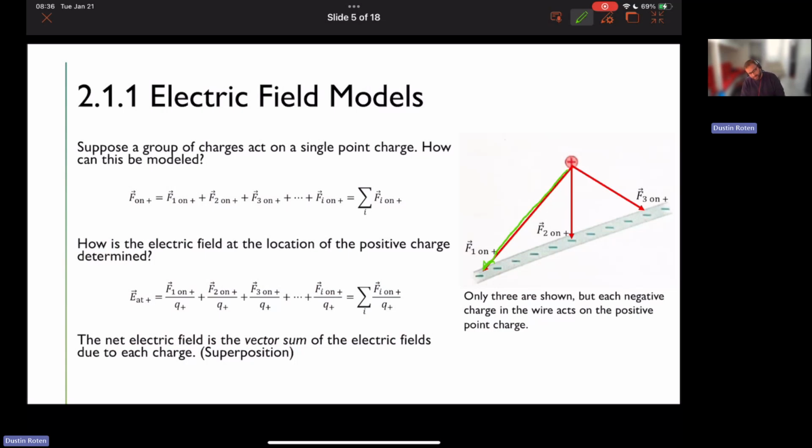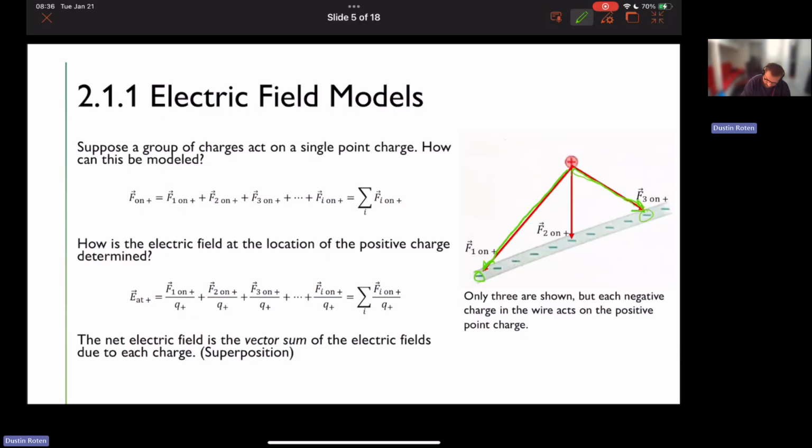So this little negative charge here on the end wants to draw this positive charge toward it. They're opposite charges, but at the same time, in addition to F1 on 3, we also have the force F3 over here on the positive charge. So this negative charge over here wants to pull it in this direction.